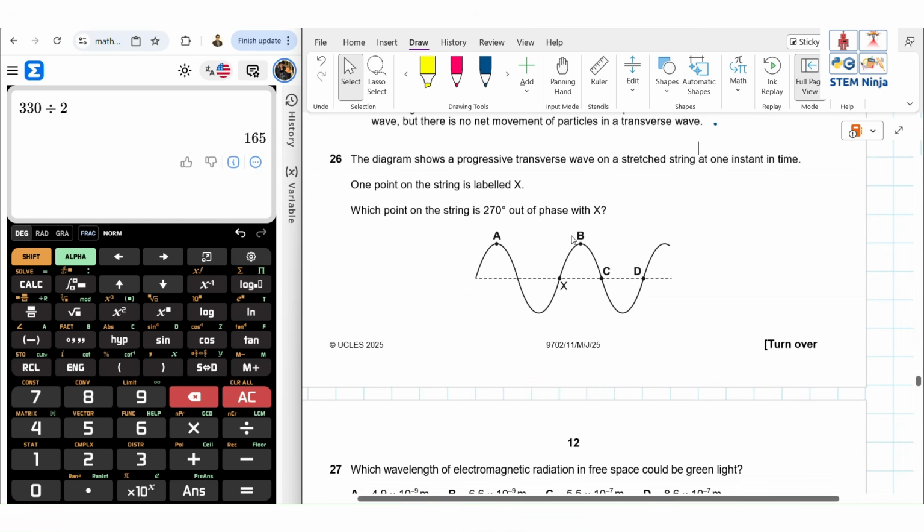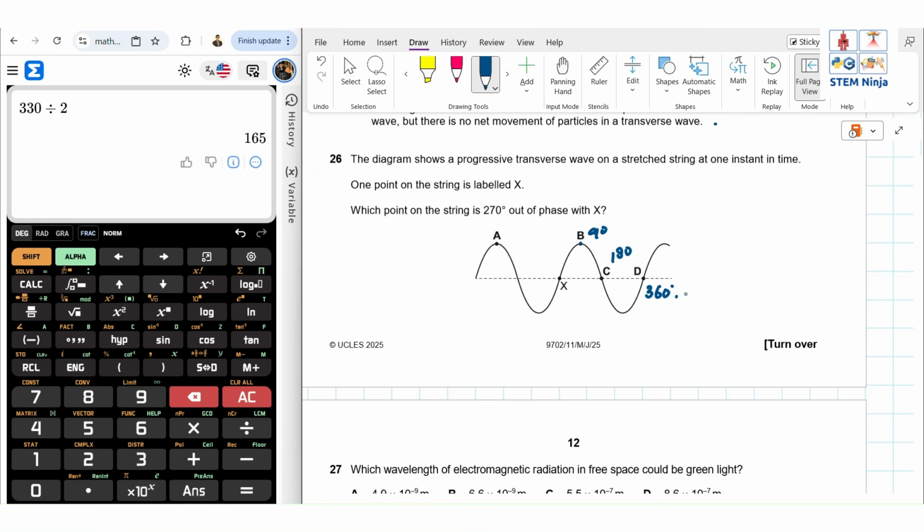Okay, the diagram shows a progressive transverse wave on a stretched string at one instant in time. One point on the string is labeled as x. Which point on the string is 270 degrees out of phase with x? So from x, B is 90 degrees, C is 180 degrees, D on the other hand is 360 degrees, which means 0.